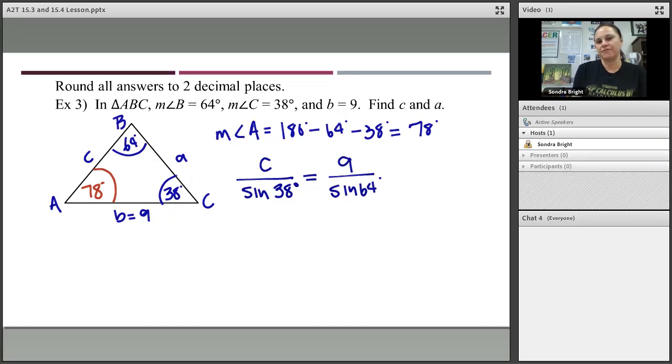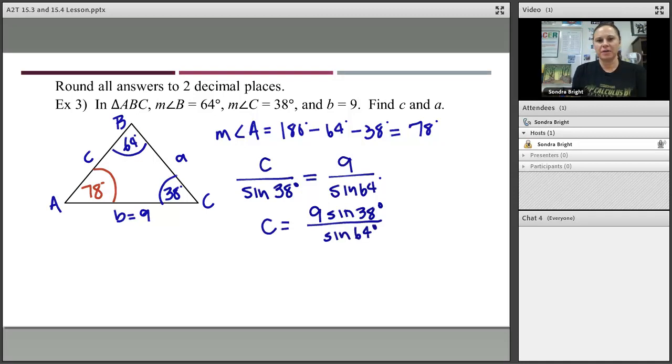All right, so now to solve for C, you're going to multiply both sides by the sine of 38 degrees. And so we'll have 9 times sine of 38 degrees divided by the sine of 64 degrees.